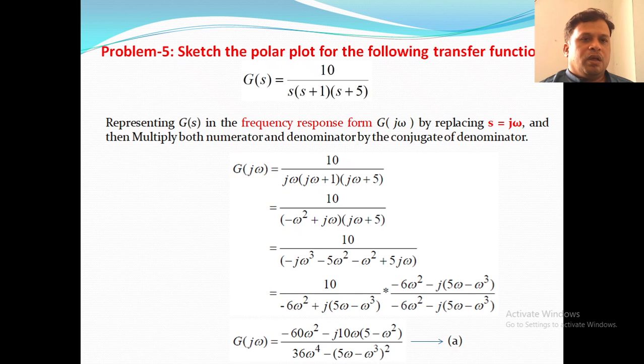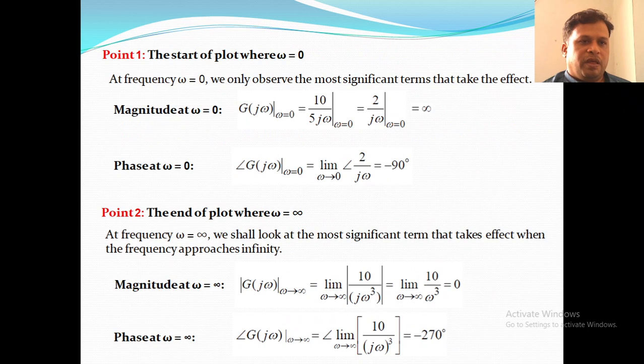After substituting these values and naming the equation A, now we will start from omega equal to 0. At the frequency omega equal to 0, what we observe is that the value is infinity and the angle is minus 90 degrees. Now at the end of the plot, where omega is equal to infinity, there also we observe the angles.